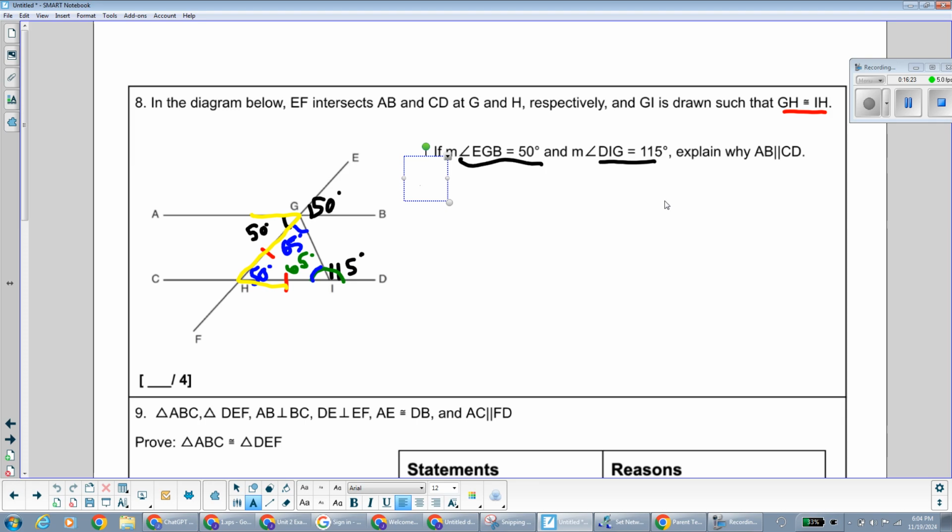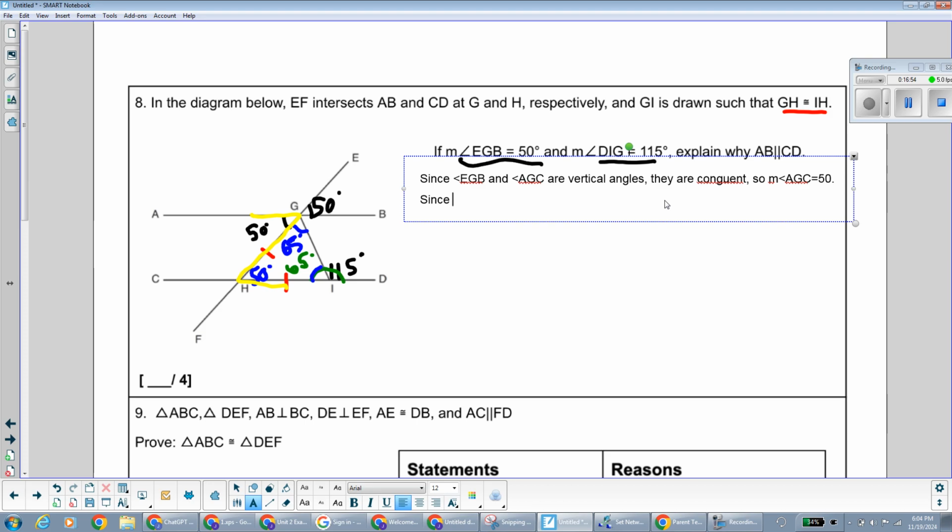So let's do that. Since angle EGB and angle AGC are vertical angles, they are congruent. So measure of angle AGC is 50 degrees.